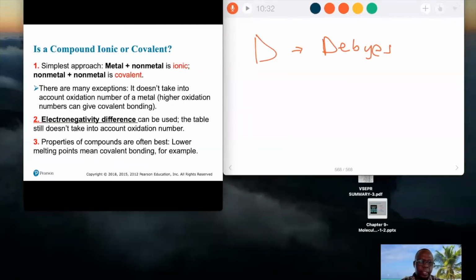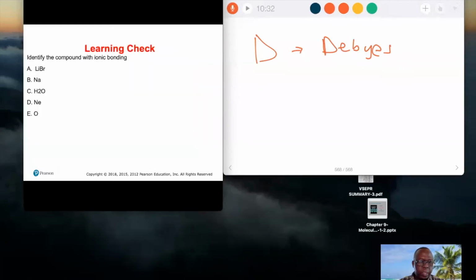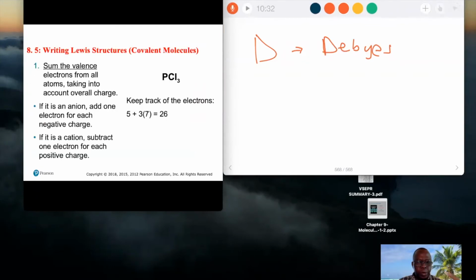I don't want us to get into details on that. What I want us to really get into is drawing the Lewis structure. I'm not going to get into the calculation of dipole moment. Let's just get to section 8.5, which is drawing the Lewis structure.